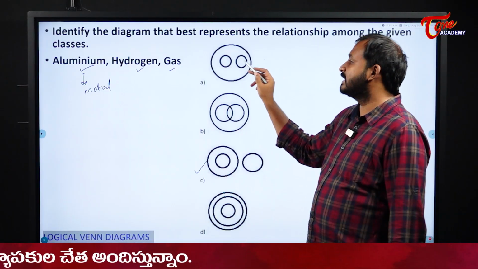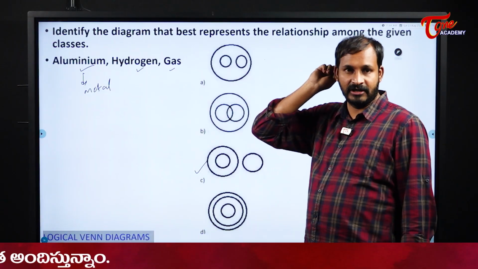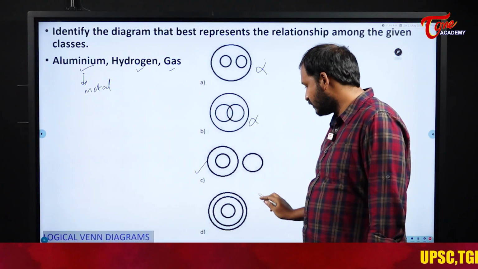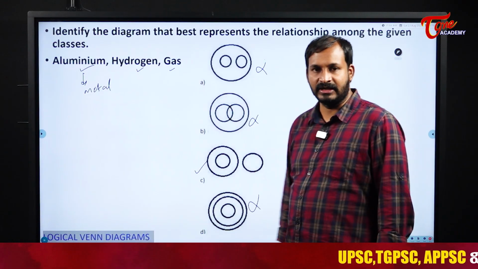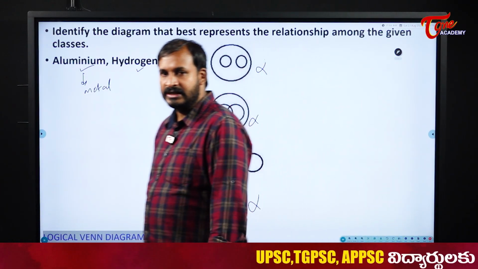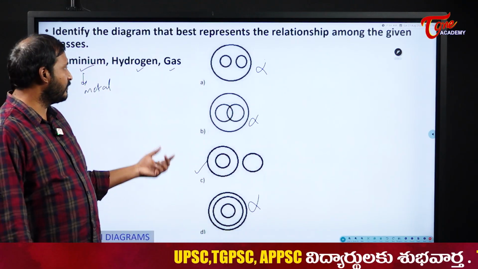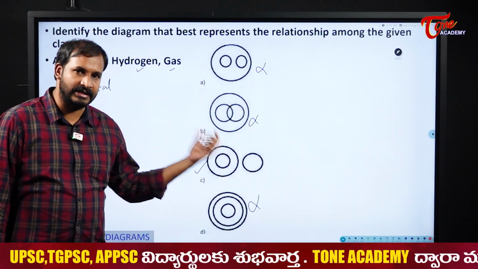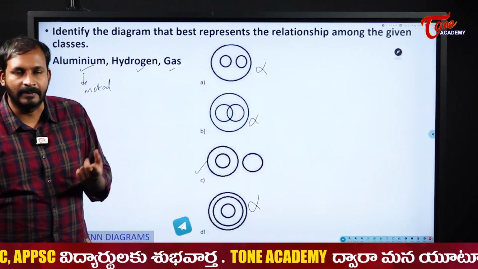Now, here it tells us that inside gas, hydrogen and aluminium. No, it is not at all possible. Here also not possible. So, the best one is this here for me. Inside gas, I will have hydrogen, and I will have aluminium, a metal, which I will write separately.